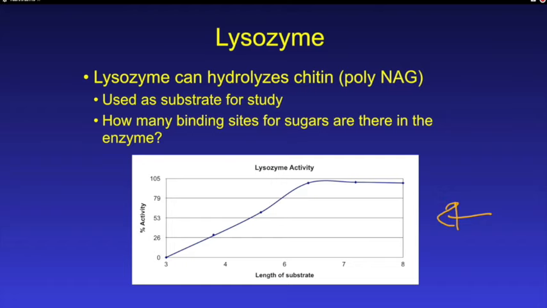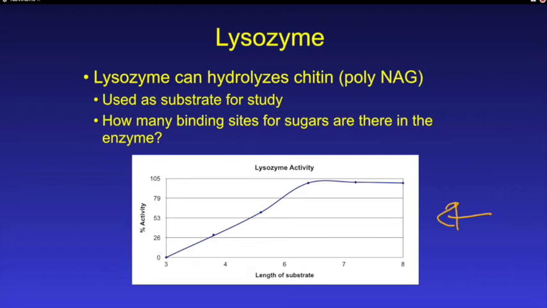And what we interestingly find is that if we feed it 3 sugars together, lysozyme doesn't break it at all. When we give it 4, it gets some activity. When we give it 5, it gets some activity. And when we give it 6, we're at 100%. And from 6 on, 7, 8, 9, larger, we're at 100% activity.